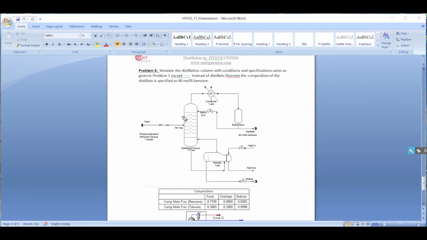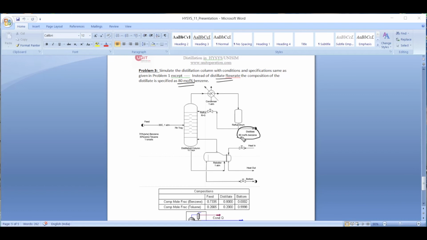All the conditions remain the same as problem 1, except that instead of the distillate flow rate, the composition of the distillate is specified as 80 mole percent benzene. So now we don't define the distillate flow rate, we don't define the bottom flow rate; we define the composition of benzene in the distillate, such that the benzene mole fraction is 0.8.